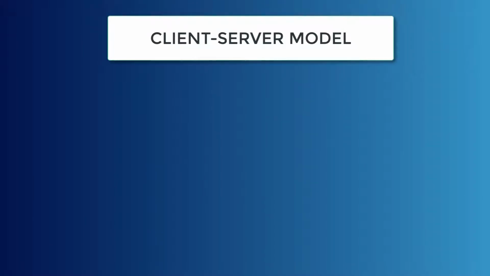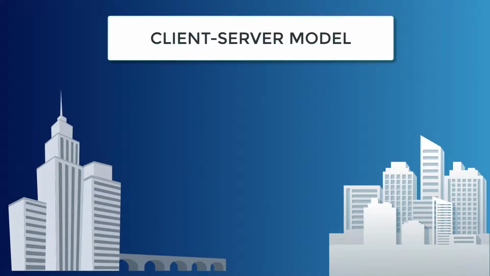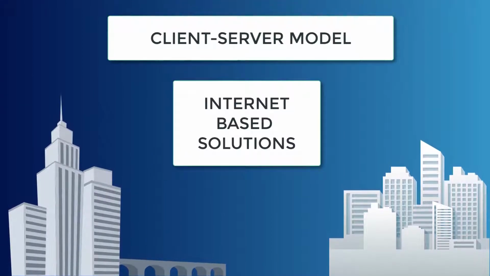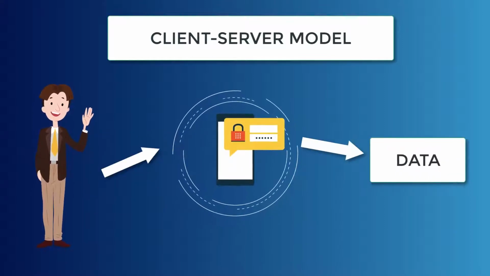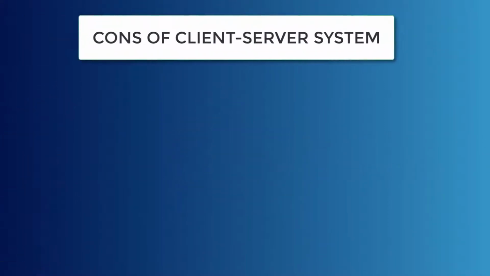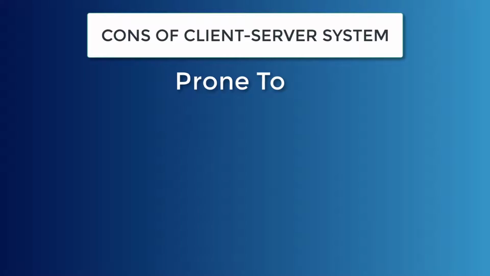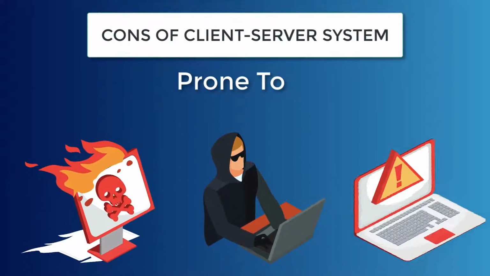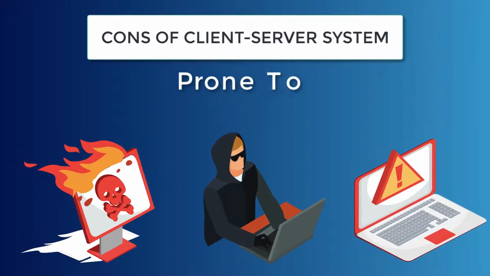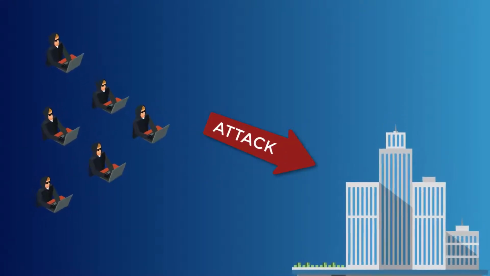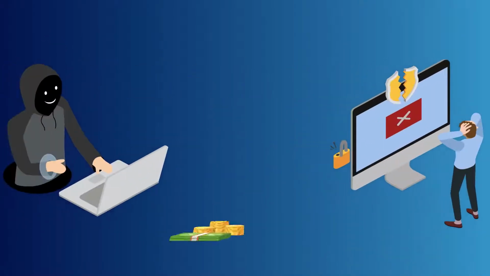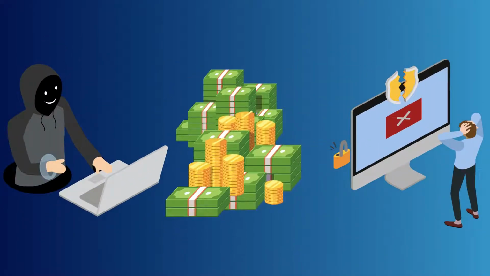This model enables thousands of businesses to provide internet-based solutions to their customers, where people can access their information using their login credentials. However, this particular system has proven to be prone to hackers, viruses, and other technical malfunctions. There have been extensive hacking operations by cybercriminals that affected corporations and governments all over the world, and the cost of the damage has risen to millions and millions of dollars.